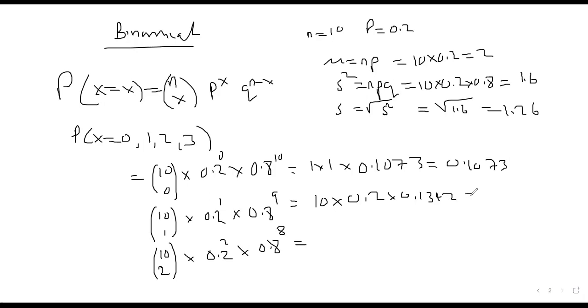So applying all these will give you the probability of getting 1, which is 0.2684. When you do 10 combination 2, this is 45. 0.2 to the power 2 is 0.04. 0.8 to the power 8 is 0.1678.